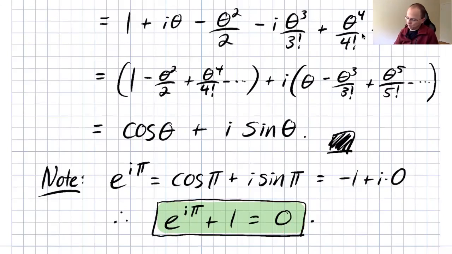Really, really remarkable to see all of these fundamental numbers. So e is this number like 2.7 something. It's an irrational number. We have pi, 3.14 and so on, is an irrational number. We have this imaginary number i, so i squared is -1. And then we have, obviously, the very important number 1.